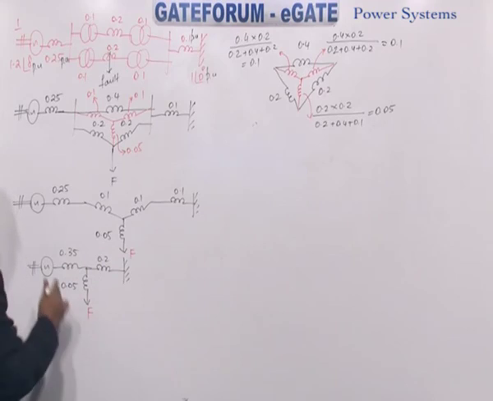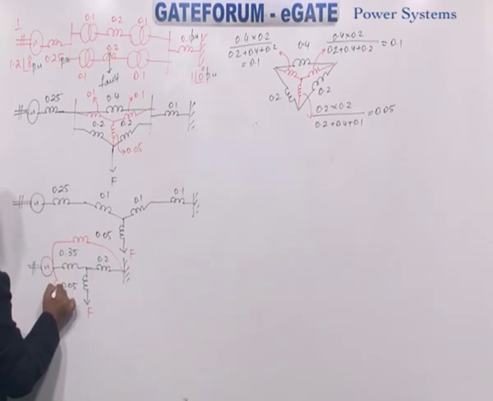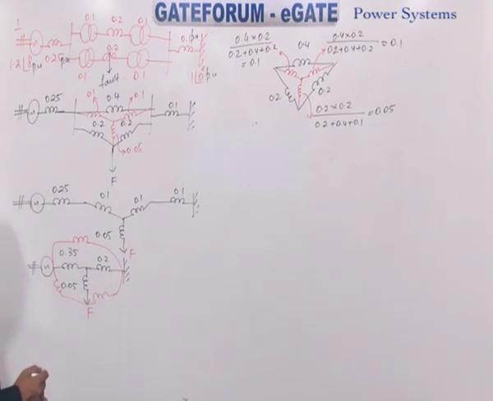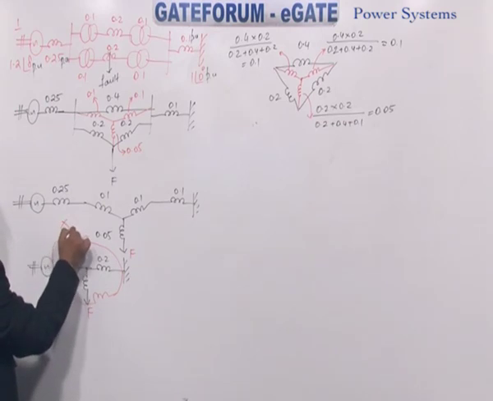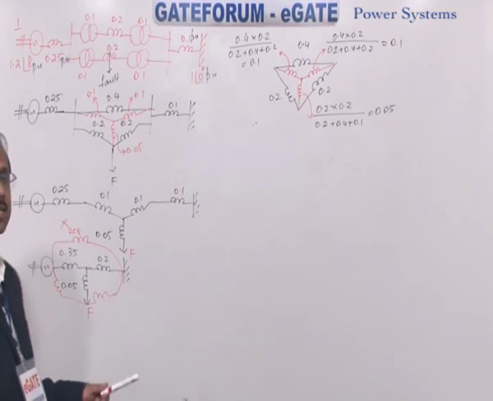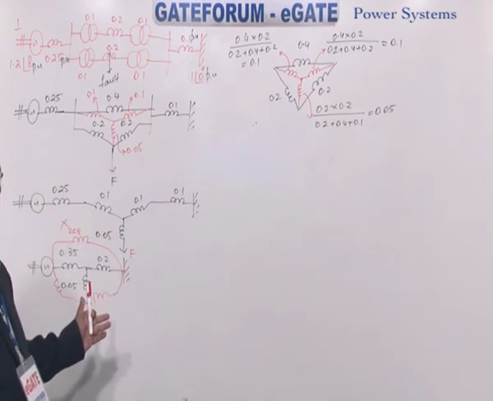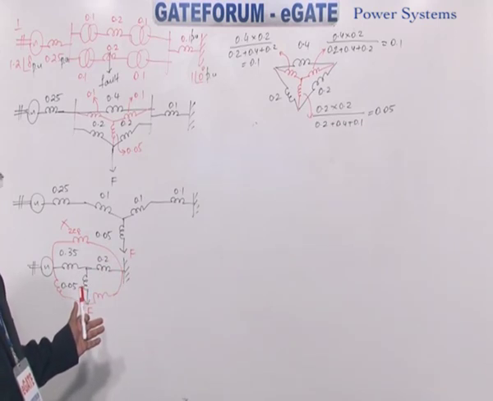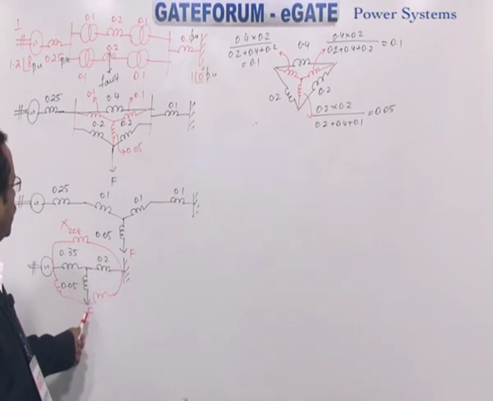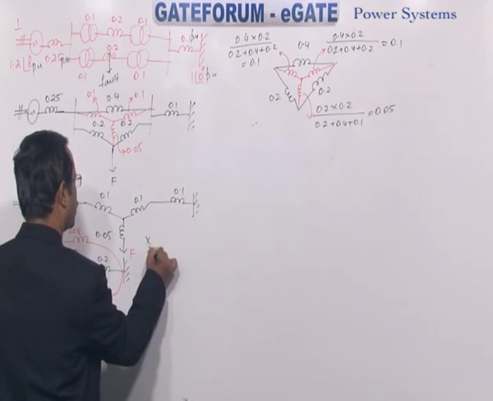So in the process of getting that reactance, you convert this star into delta again, but you require only this reactance, X2 equivalent. So what is the transfer reactance? The reactance between source and load by eliminating the fault point. That is, you have to calculate X2 equivalent.